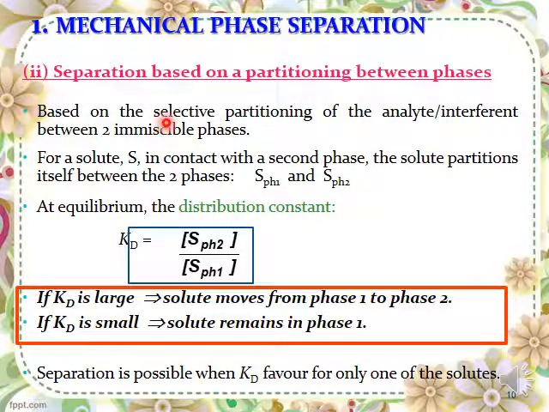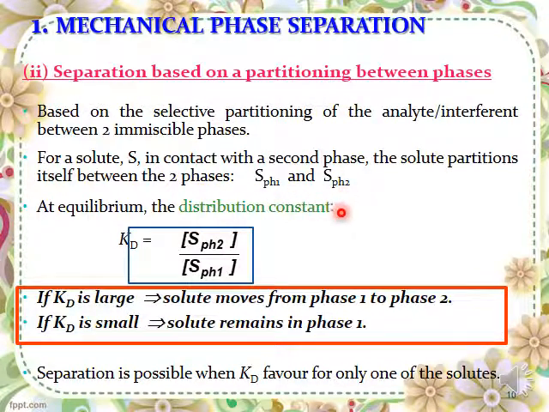For example, oil and water, so they are immiscible. So for the solute or the analyte of interest in contact with a second phase, the solute will partition between phase 1 and phase 2.